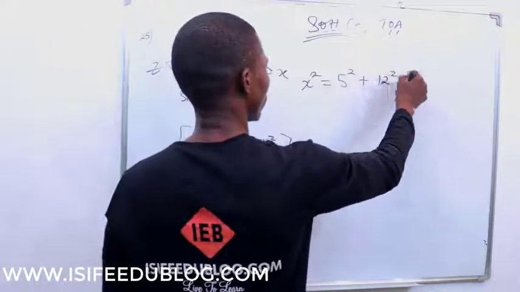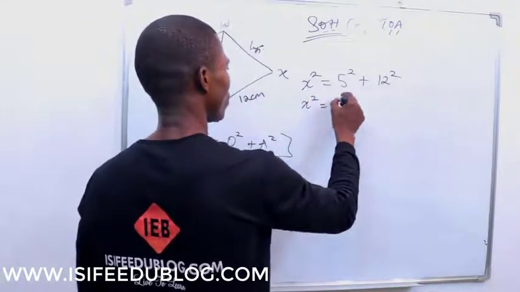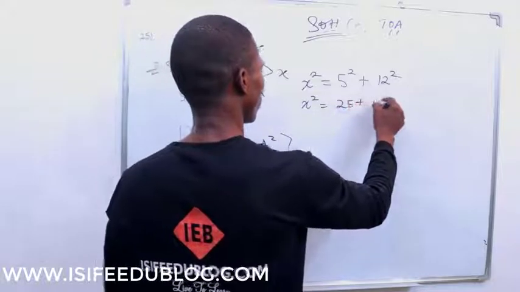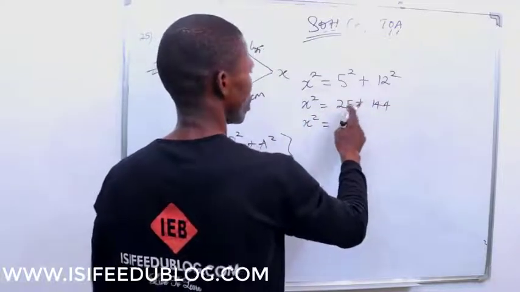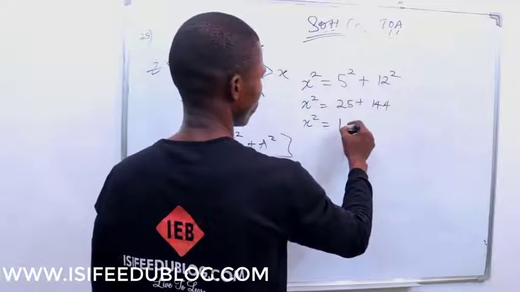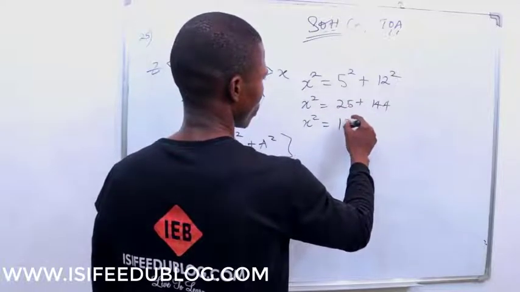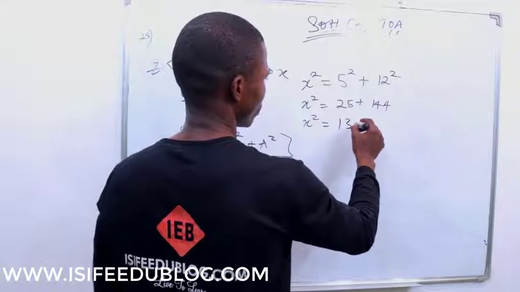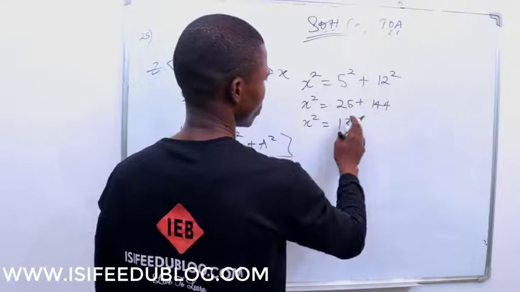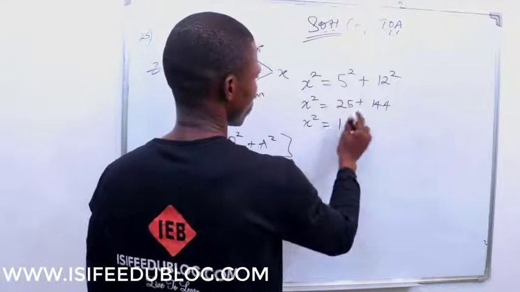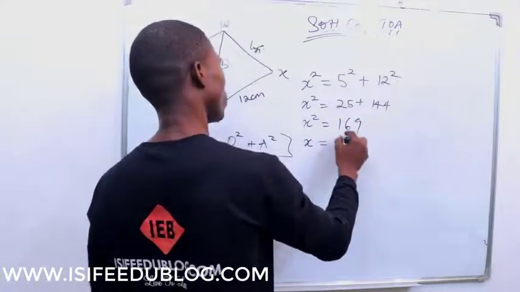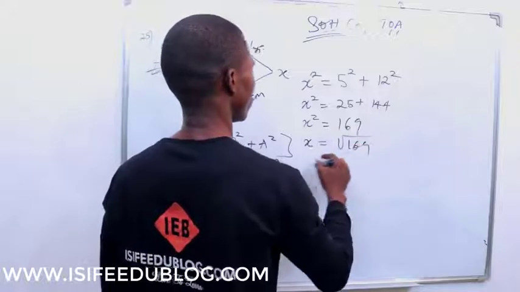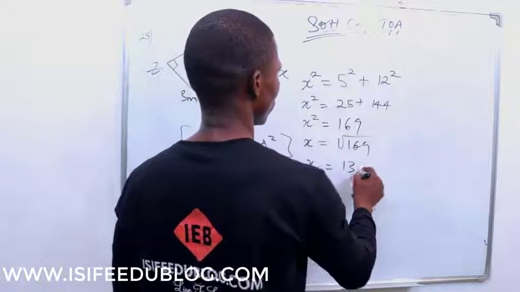Okay, so our x squared will now be 25 plus 144. This will give us 169. Okay, and our x now will be equal to the square root of 169. x now will be equal to 13.